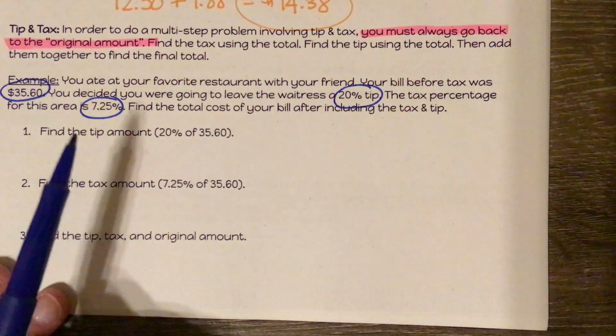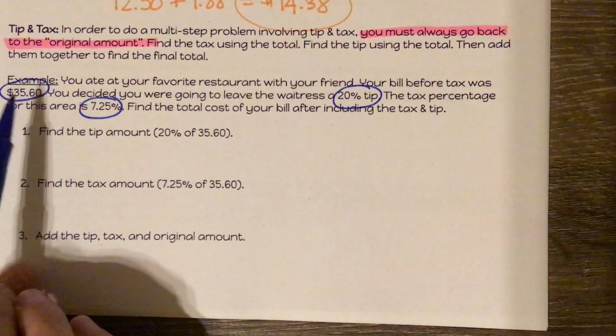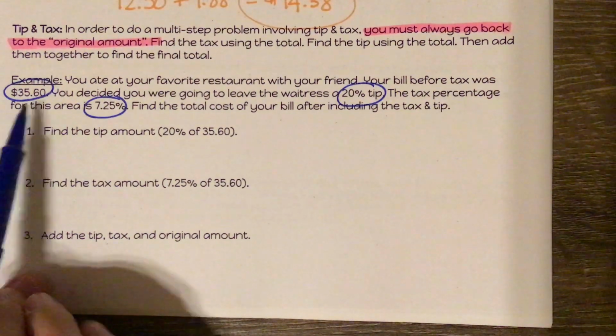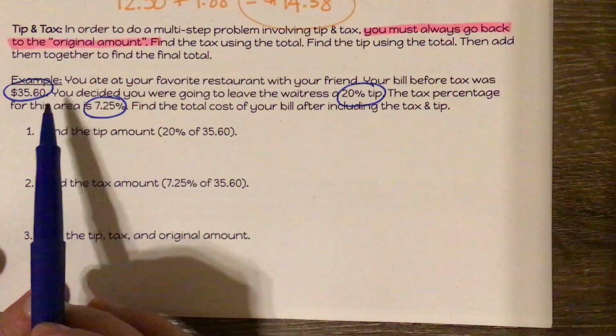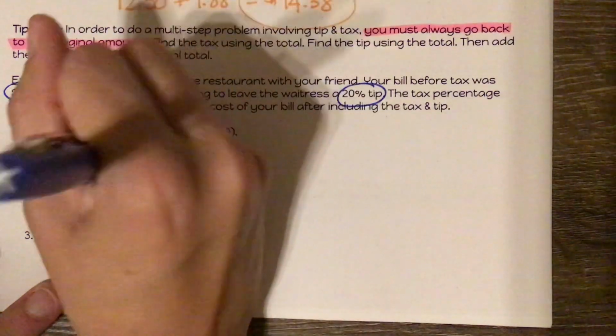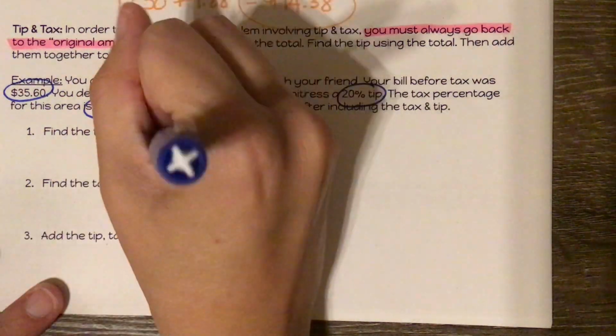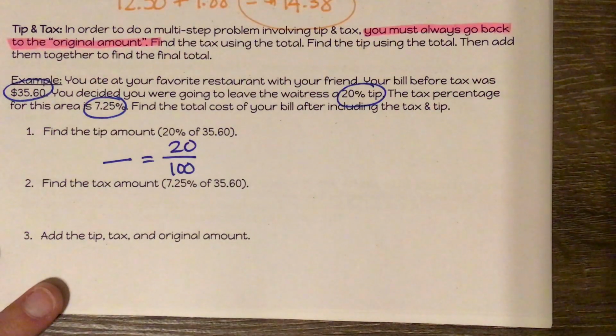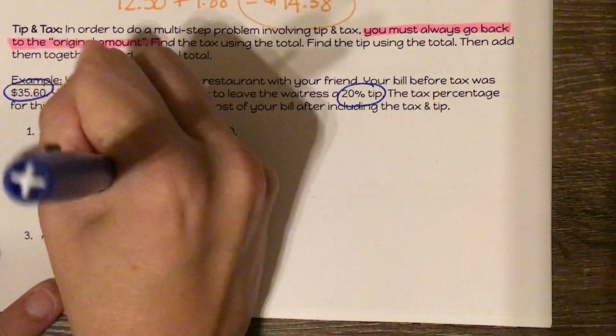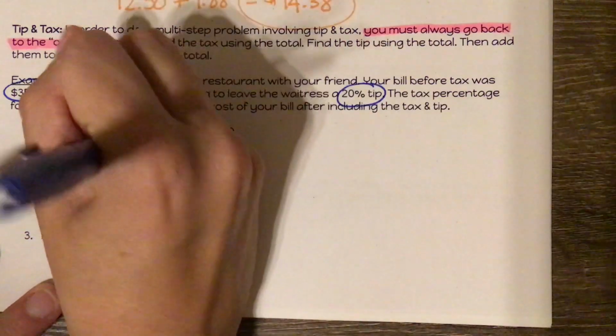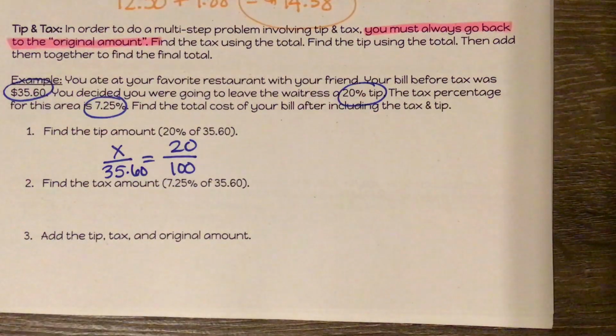What is important again is this is on the original amount, the $35.60. It's not on that amount plus the tax. So when I'm setting up my blank proportion, we know we are doing 20% of our total $35.60. We want to calculate what that amount is.